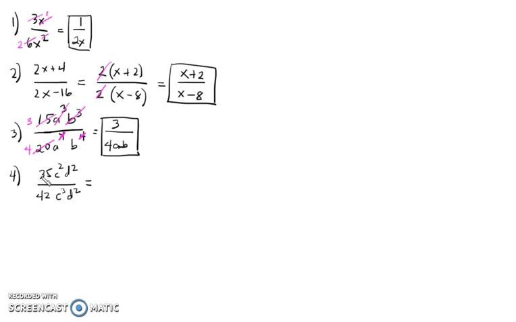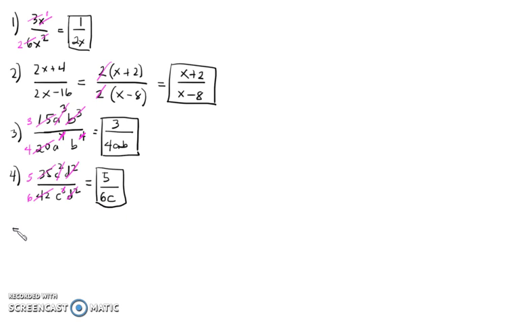Here 35 divided by 7, you have 5. 42 divided by 7, you have 6. Okay, then c squared and c cubed, cancel c squared, you remain with c. They have both d squared, so cancel d squared. So your final answer would be 5 over 6c.